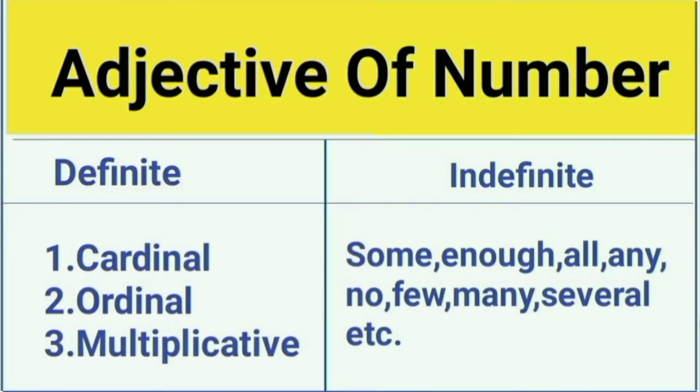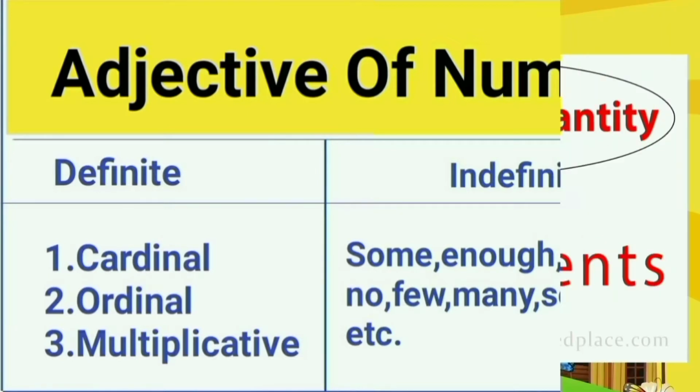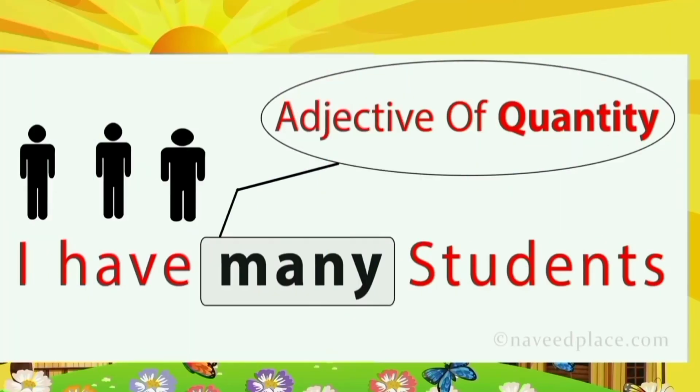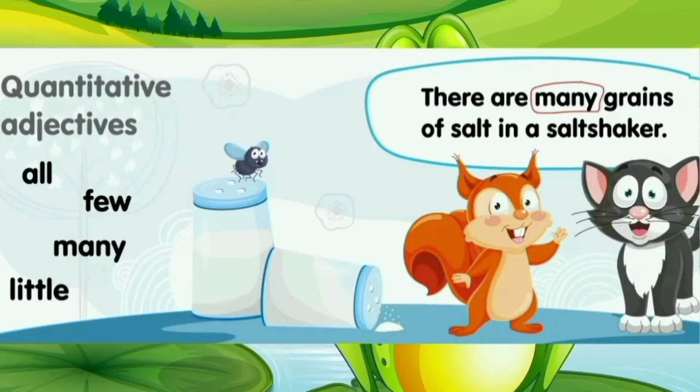And numeral adjectives include cardinals, ordinals, and multiplicatives. So they can be definite or indefinite. Adjectives of quantity indicate how many. They help to group nouns or pronouns together or tell us how much of a quantity of something there is. So they are also called quantitative adjectives.